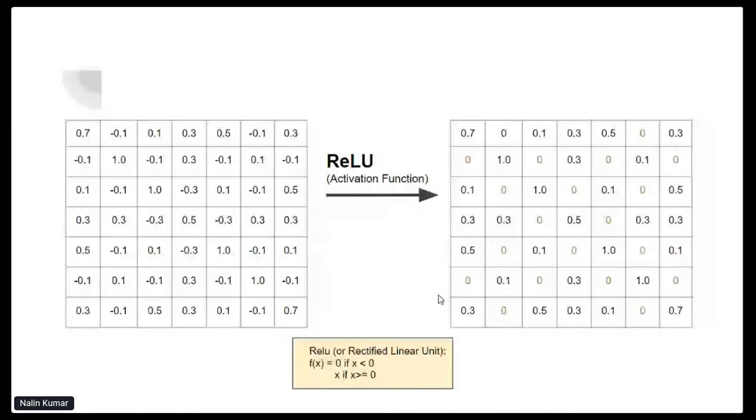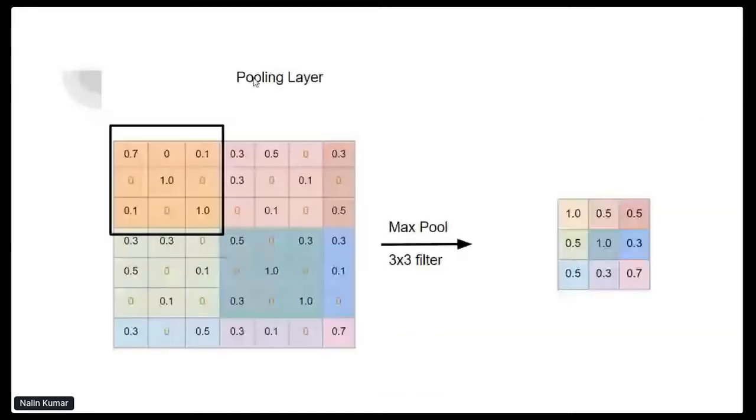Like here, minus 0.1 becomes 0, and the positive values stay as they are.